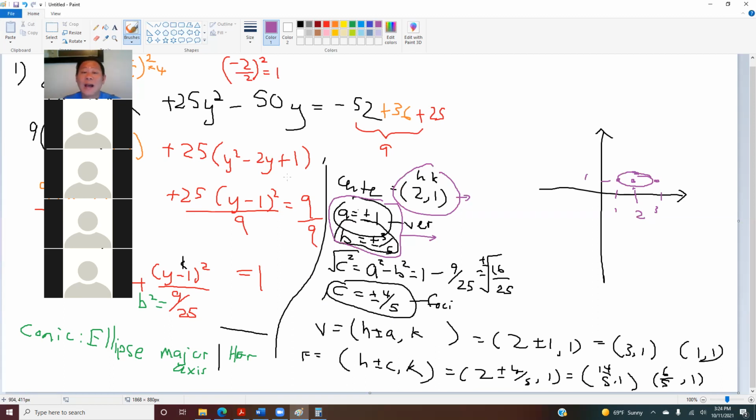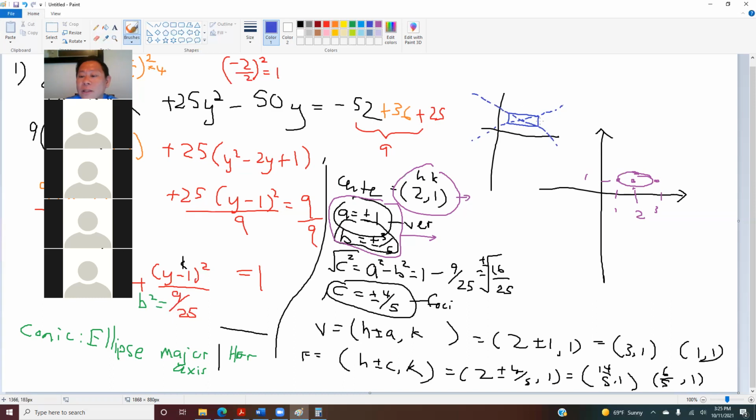And what happens if it's a hyperbola? A hyperbola is still the same thing, but this time you don't draw an ellipse, you draw a box. If it's a hyperbola, you draw the box, and then you connect the box from the center to the corners. That is your asymptotes.